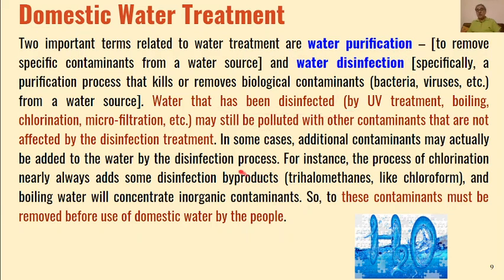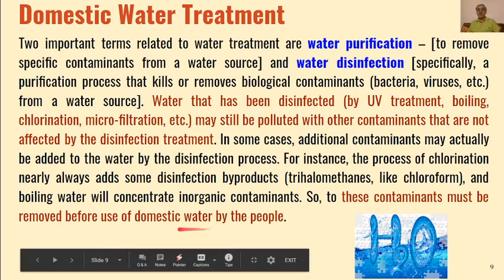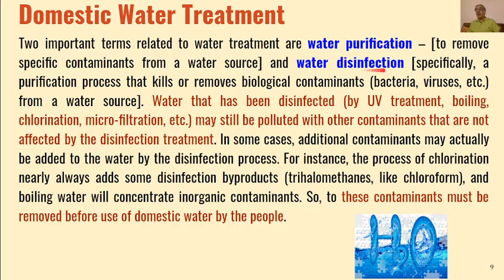These contaminants present in the water source need to be removed before the water is used domestically by people. These contaminants may also come from water disinfection, because as you have seen in the case of chlorination, there are some byproducts of chlorination like trihalomethanes, like chloroform.